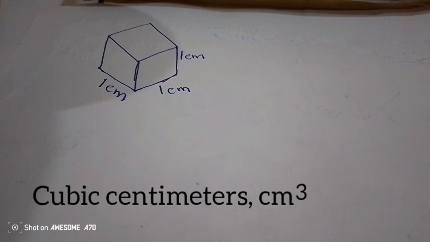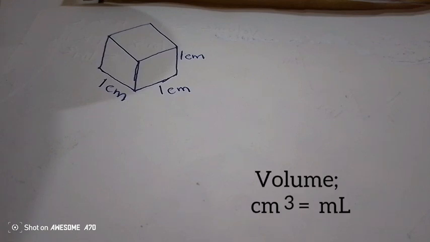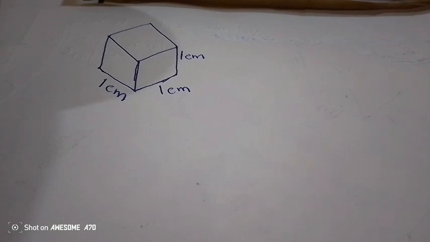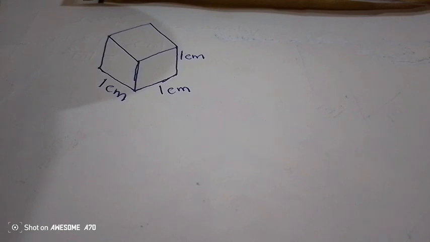Now, this cubic centimeter is equivalent to the volume in milliliters, while liter, which is used to represent volume in place of cubic meters, is equivalent to what we call the dm³.